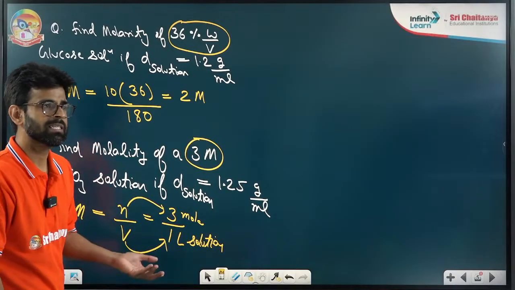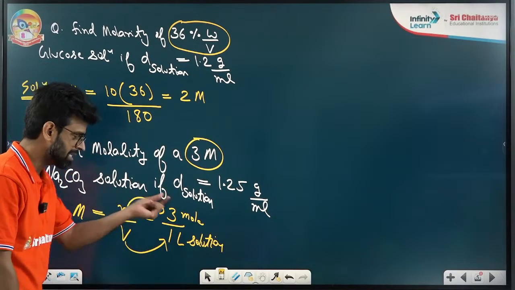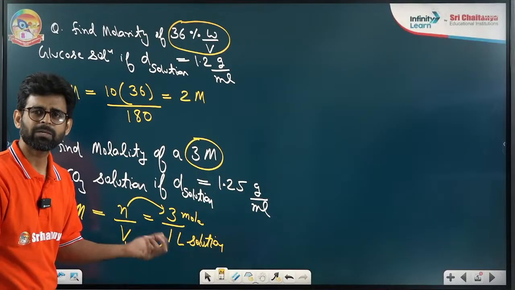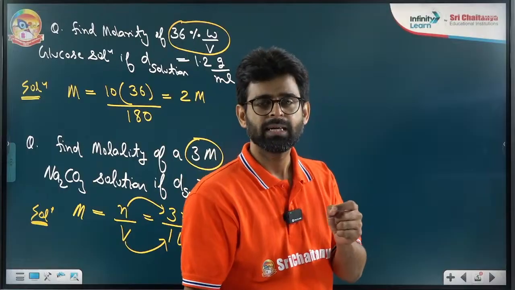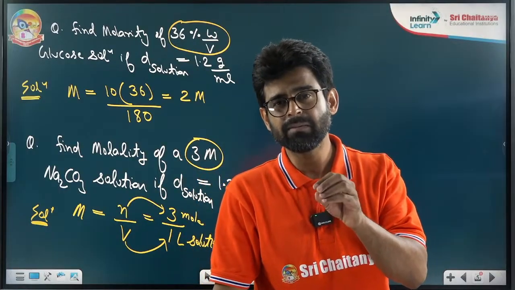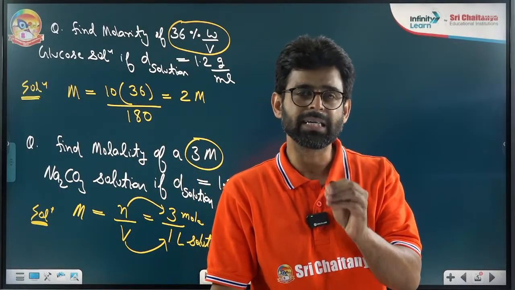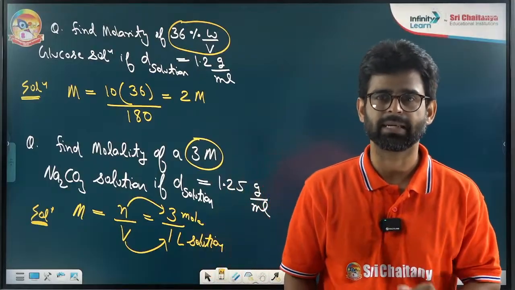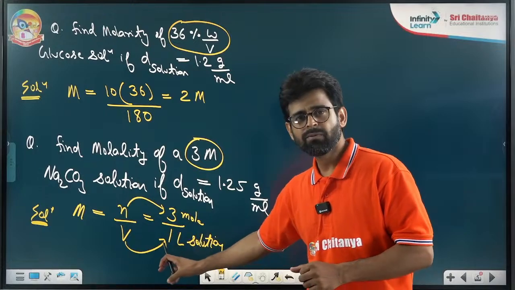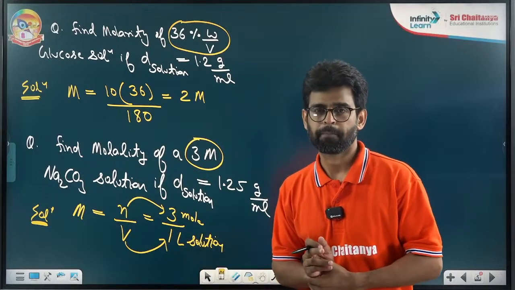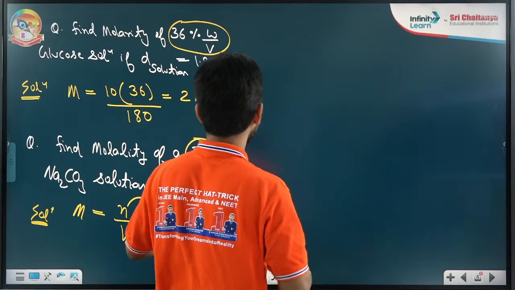Some students will say, sir, 6 by 2 is also possible. Yes, you can take 6 by 2 also, no issue. If a solution is 3 molar, it means it contains 3 mole of solute per liter of solution. That we have to understand.